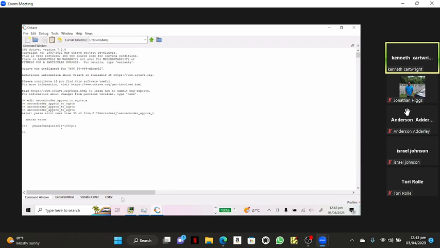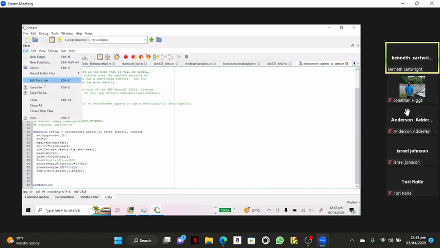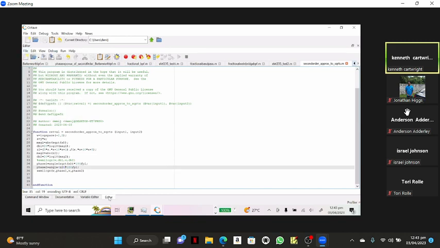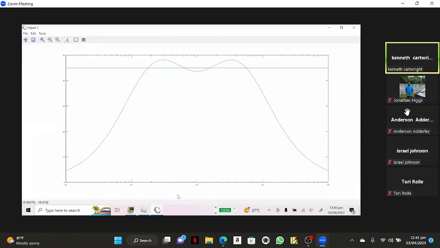I got too many brackets. And there it is. See, my ideal is 45 degrees. That's a blue line, 45 degrees, no matter the frequency.